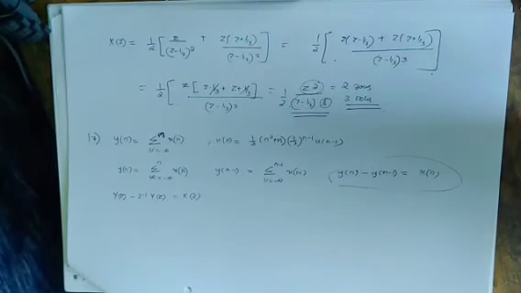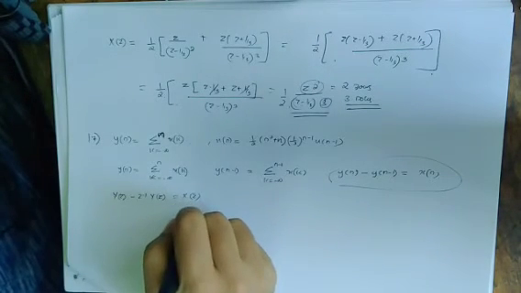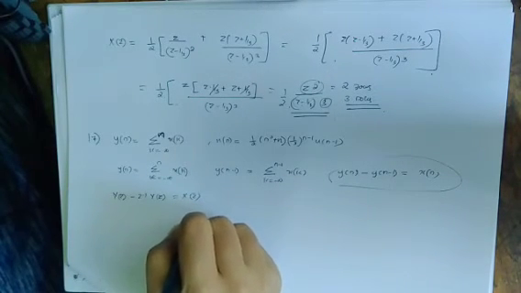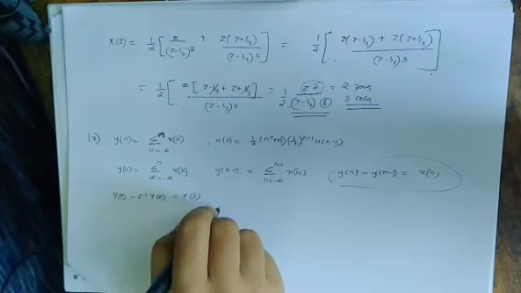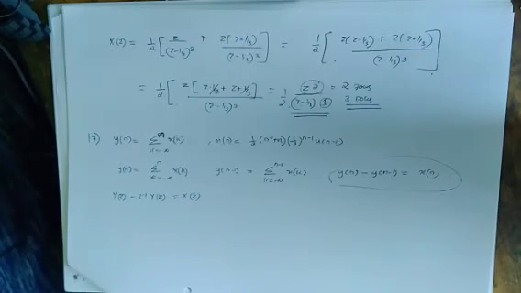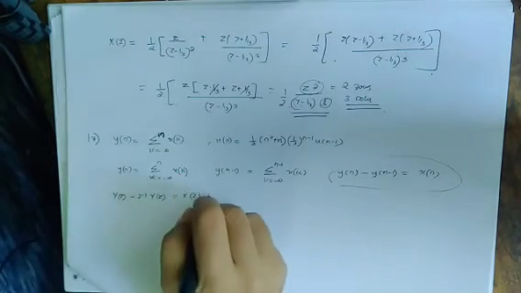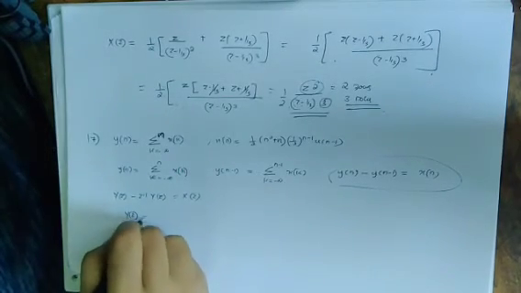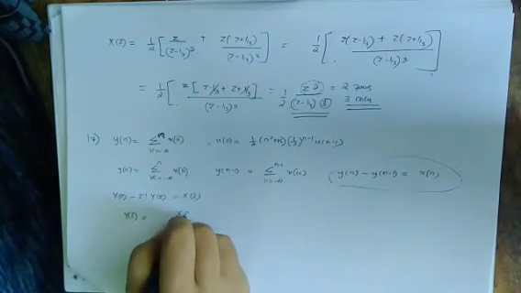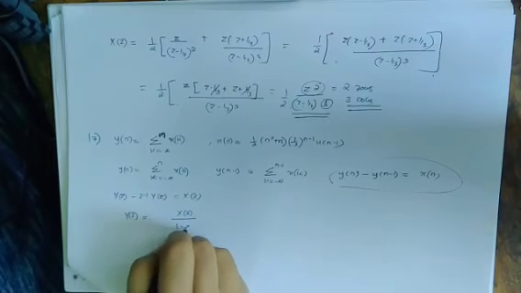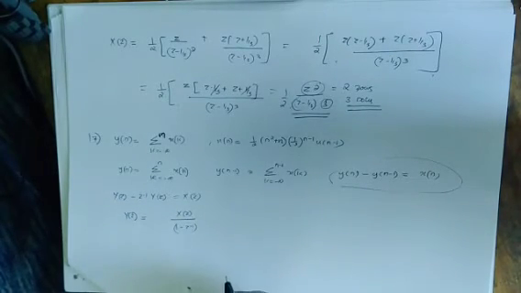x of z we have already found out in the previous question. So y of z will be equal to x of z divided by 1 minus z raised to minus 1.